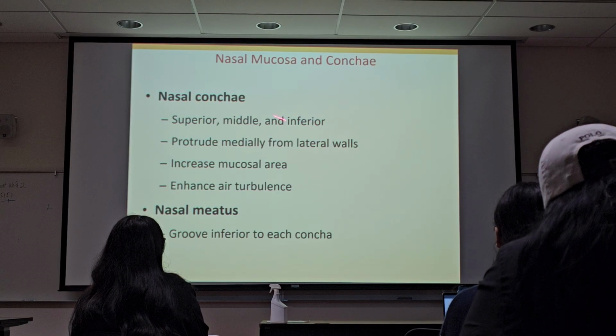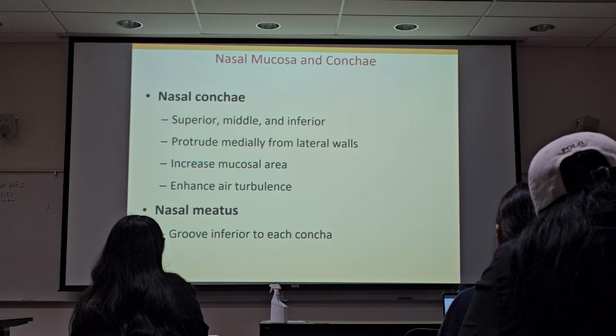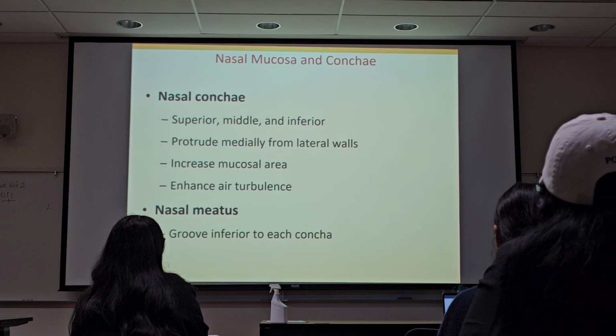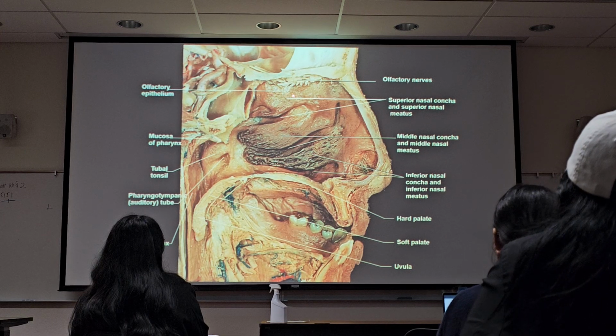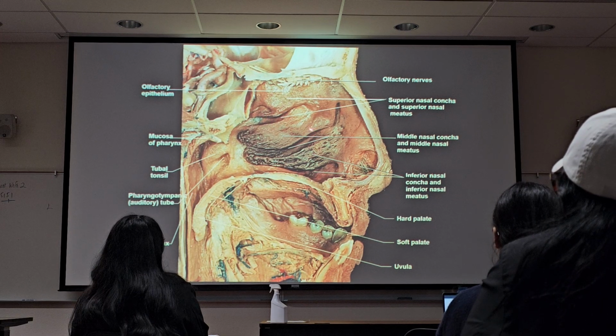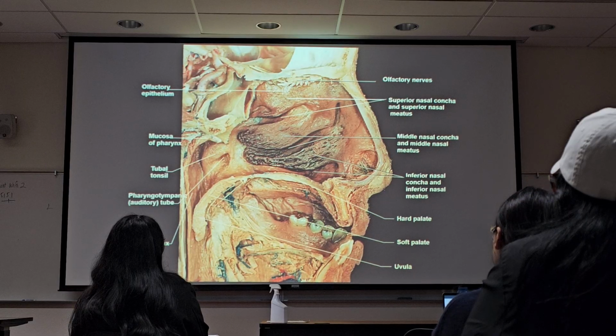Those nasal concha and meatus are swirling that air around, warming it and moistening it up. So we can see those within the body, superior, middle, and inferior nasal concha and meatus. There's our olfactory epithelium, cranial nerve 1.